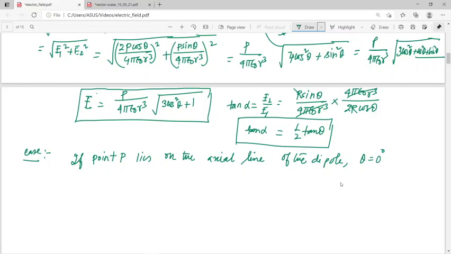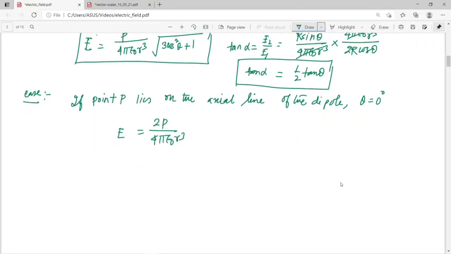If you put it in, you will get the answer 2p by 4 pi epsilon naught r cube, which is similar to the axial case. And of course the direction: tan alpha is equal to half of tan 0, that means alpha is equal to 0.